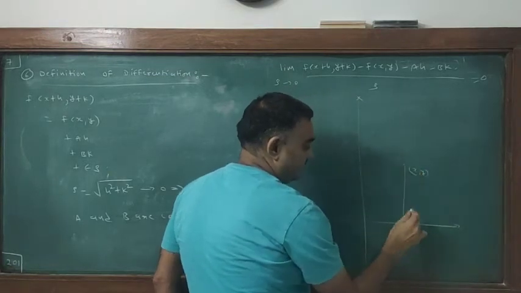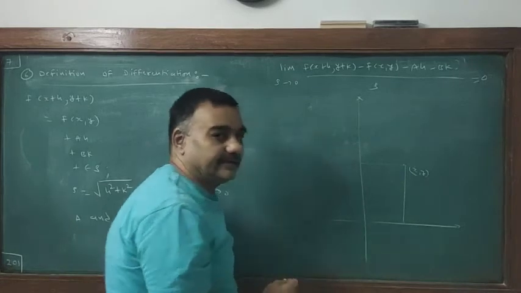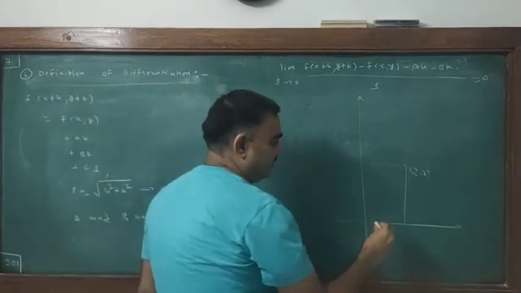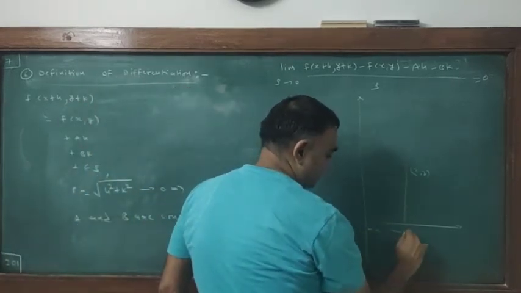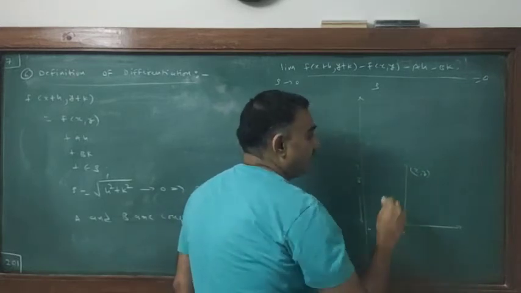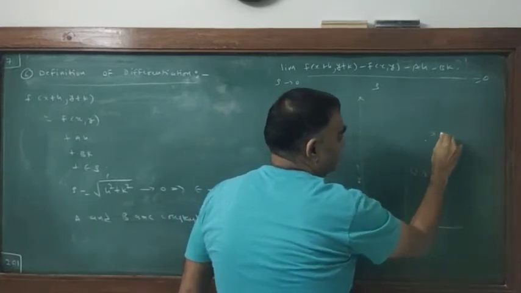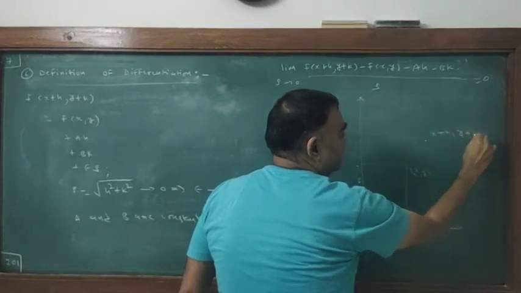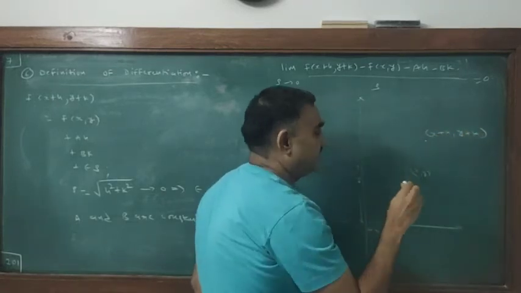That means if we draw the figure perpendicular on the x and y axis, then this will be x and this will be y. And this point is x plus h, y plus k. Just think of that.